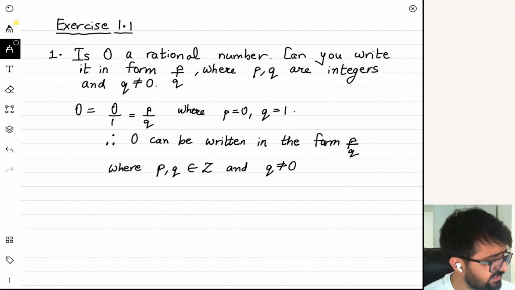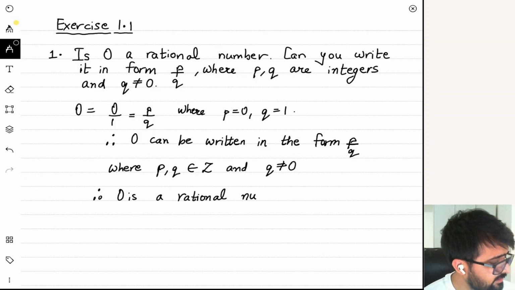All right, since 0 can be written in the form of P over Q, which is 0 over 1, where P and Q are both integers and Q is not equal to 0, therefore 0 is a rational number.